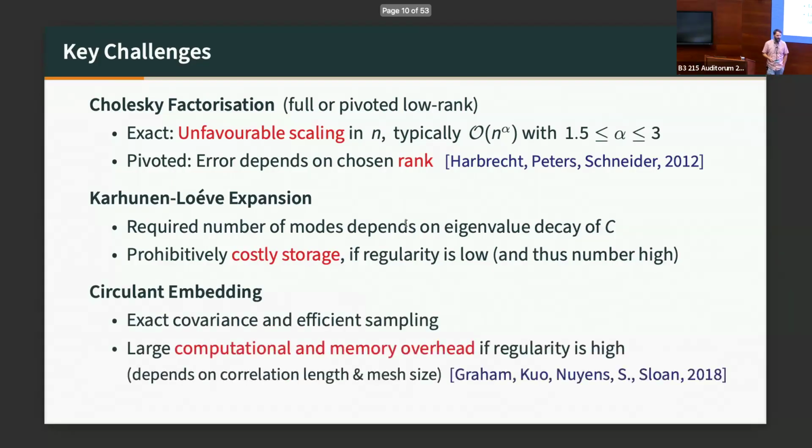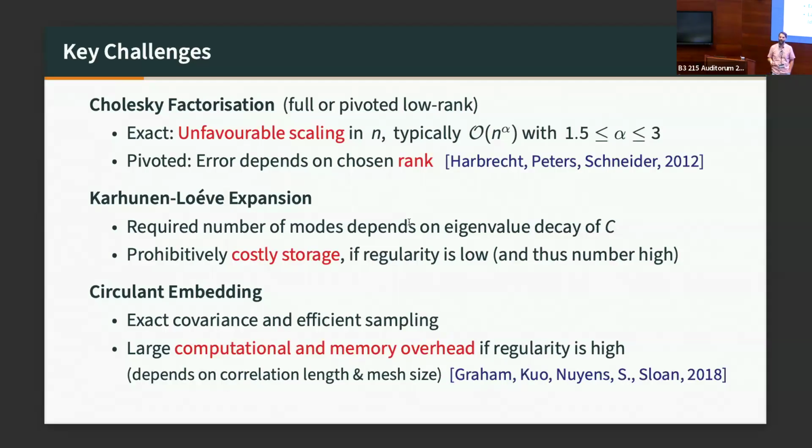Finally, the circulant embedding, which is, from an n order point of view, the best scaling one, because it's n log n, in the sense that you just use the fast Fourier transform to do it. But the problem there is if you have smooth random fields, smooth covariance functions, or long correlation lengths, or you want to sample on a very fine mesh, then you actually need to pad your matrix, because just simply doubling it and periodizing, which is the plain vanilla circulant embedding, will not guarantee that the matrix is symmetric positive definite.